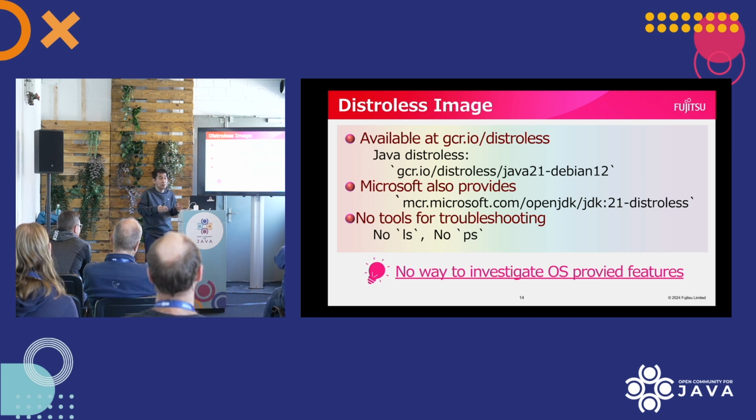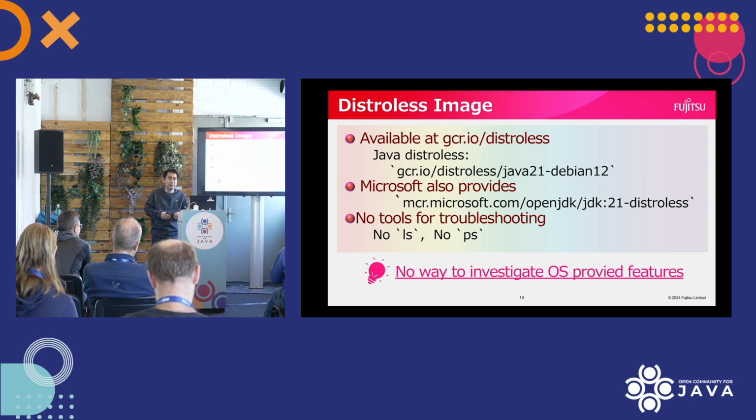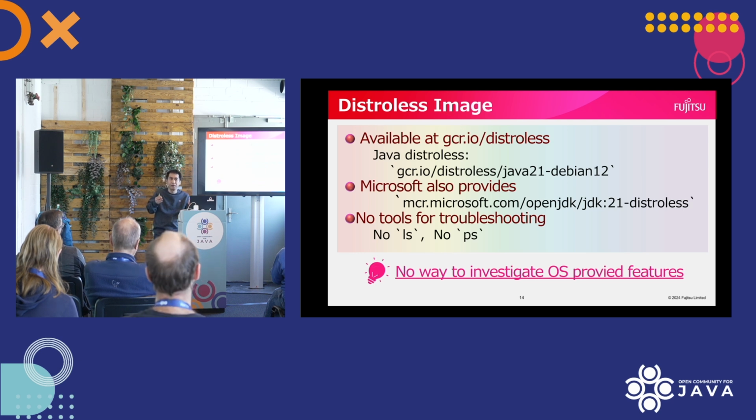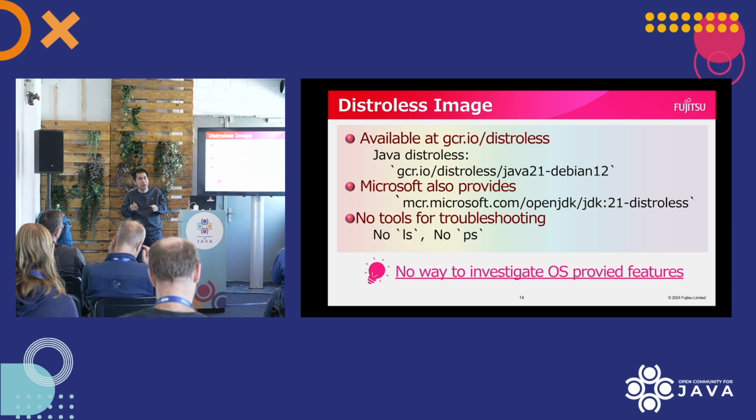And distroless were originally developed by Google, so they are available at gcr.io. And Microsoft also provides a Java version of distroless image. So distroless is very good for security because they don't include unused libraries, as security practice recommends.